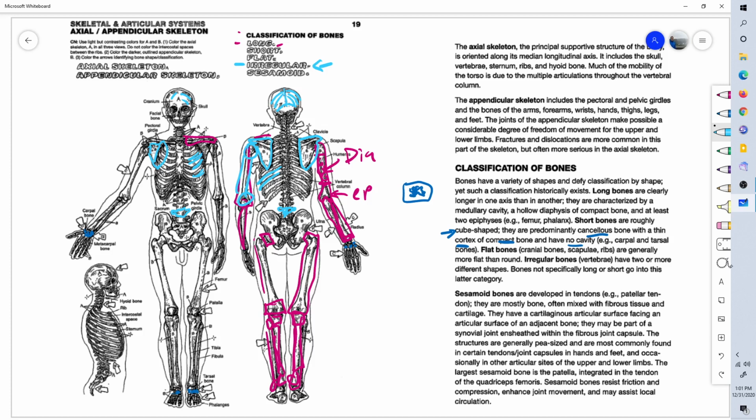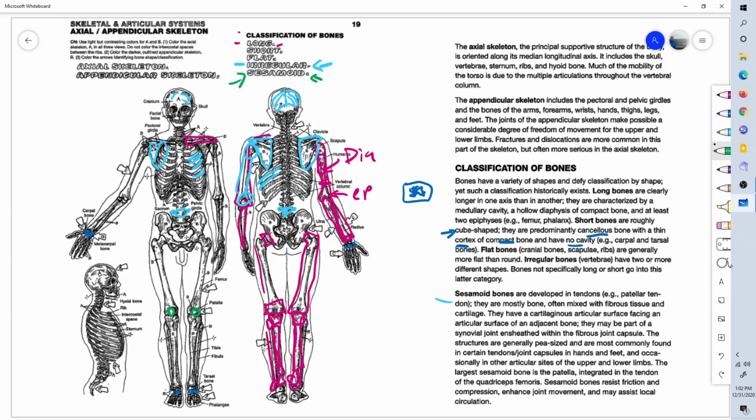Lastly, the sesamoid bones. The biggest sesamoid bone in the body is the patella right here. It's your kneecap bone. It's a circular shaped bone, and there are others also in the tendons of your feet, for example.